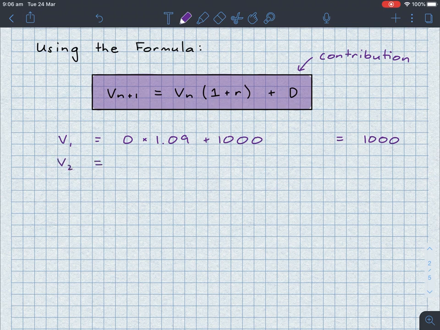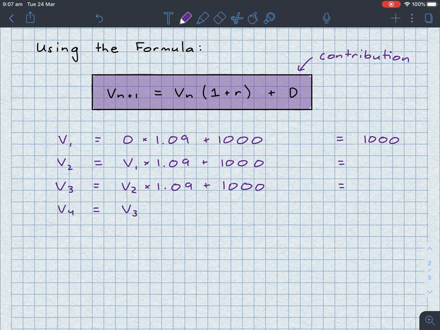V2 is going to be V1, which is this $1,000, times by 1.09 plus 1,000. V3 will be whatever we ended year 2 with. So V stands for value at the end of year 2, times by 1.09 plus that extra 1,000. And you can see that this matches pretty much exactly with what we did in the table.